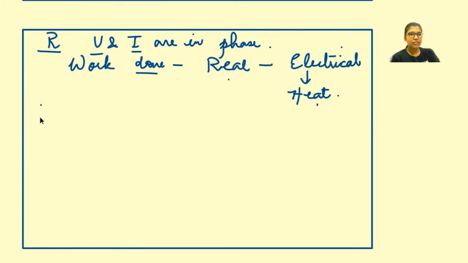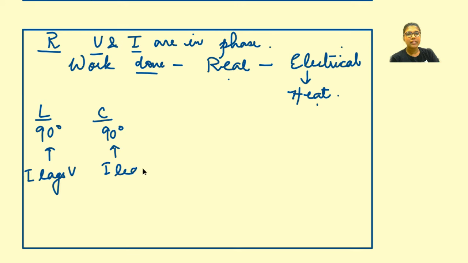Whereas, if you consider an inductor or a capacitor, over there, the voltage and current are not in phase. They have a phase difference of 90 degrees. For an inductor, I lags V by 90 degrees, and for a capacitor, I leads V by 90 degrees. Hence, for an inductor and a capacitor, the work done is not real.